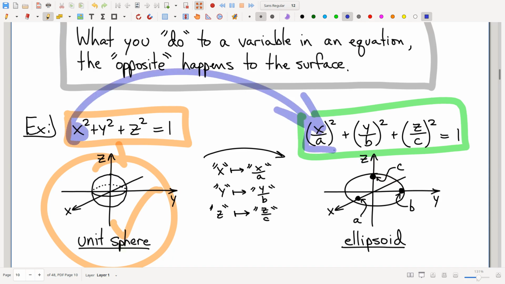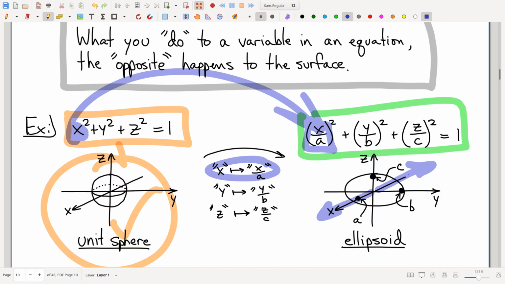Everywhere there was an x, I replace it with x over a. And I know what that does geometrically. That stretches outward in the x direction, doing the opposite of what I did to the equation. In some sense, I divided by a in the equation, and so all the points that are solutions are going to have their x coordinates multiplied by a. So stretching outward in the x direction.